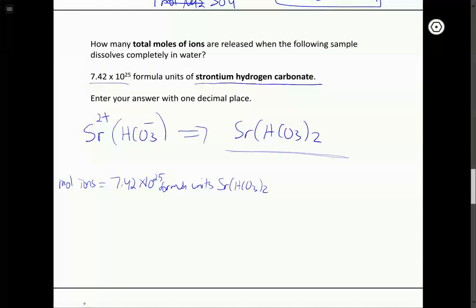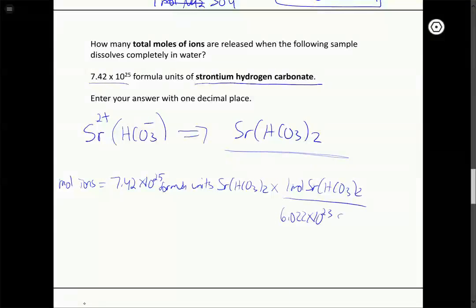We can use Avogadro's number to figure out how many moles of strontium hydrogen carbonate we have. So if you have this many individual formula units, we can convert that into moles.